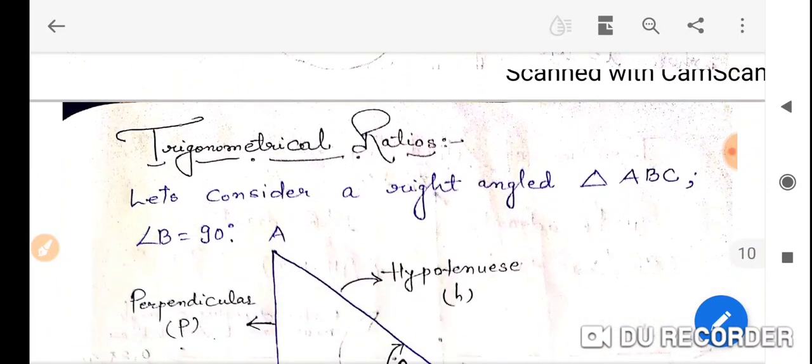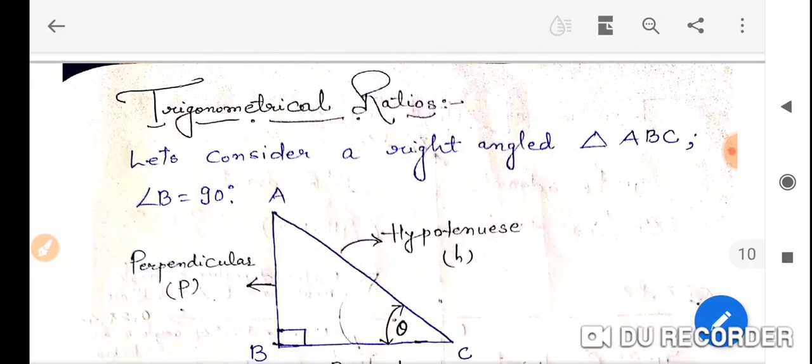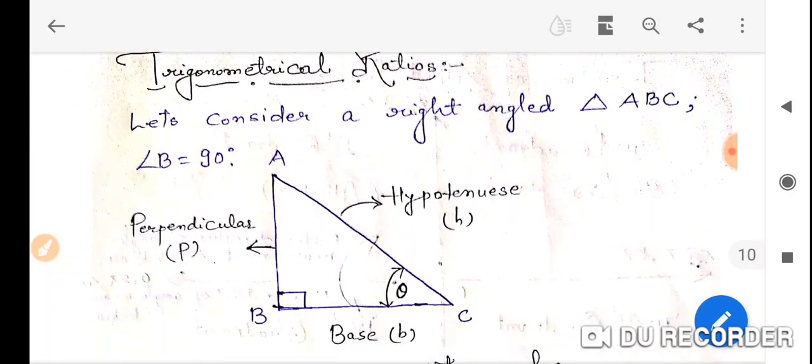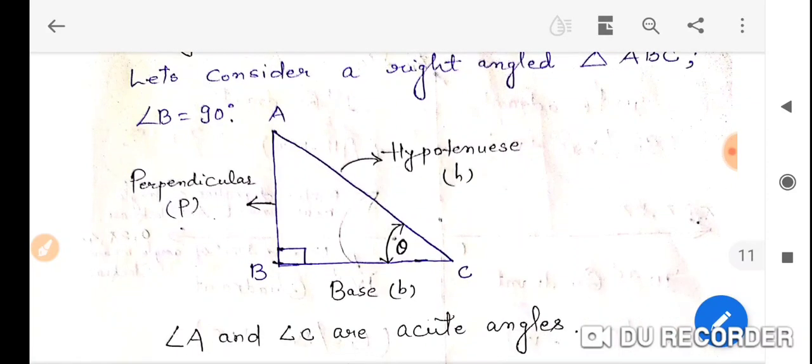Next we will proceed with trigonometrical ratios. Let's consider a right angle triangle ABC in which angle B is 90 degree. Obviously angle C and angle A will be acute angles.